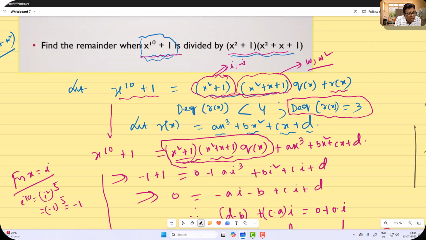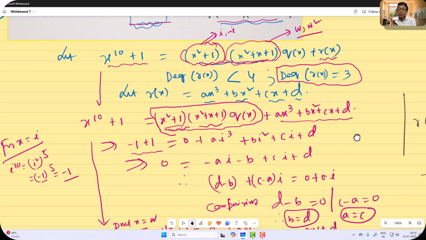So by putting x equal to i, i to the power 10 is what? i square to the power 5. i square is minus 1, you know. Minus 1 to the power 5 is minus 1, plus 1. Okay? And this part is 0. ai cube plus bi square plus ci plus d. So 0 equals, you put i square equal to minus 1, so minus ai minus b plus ci plus d.